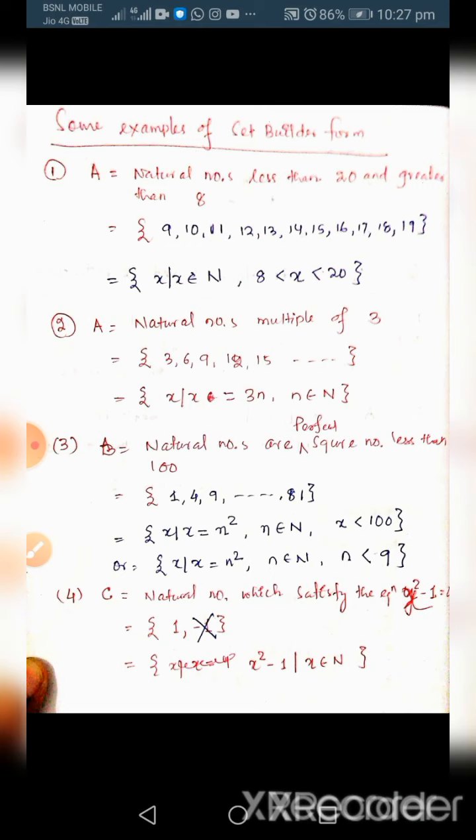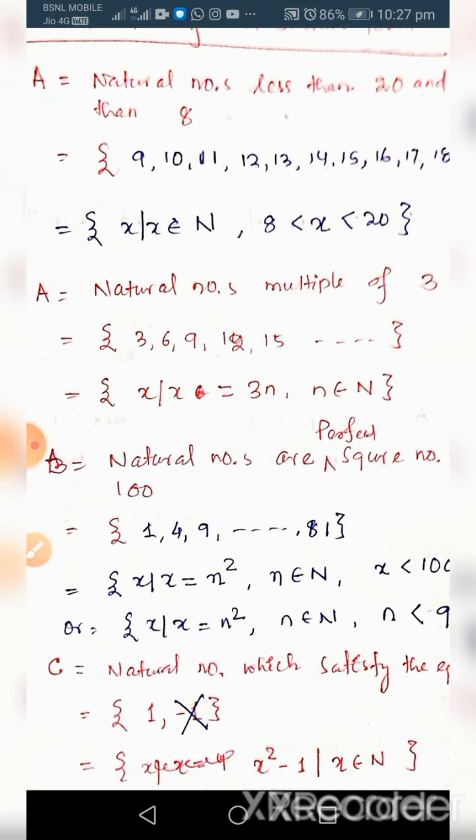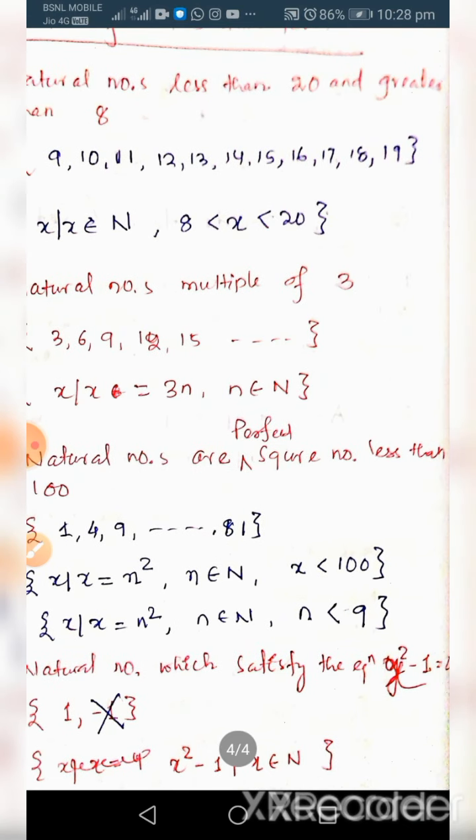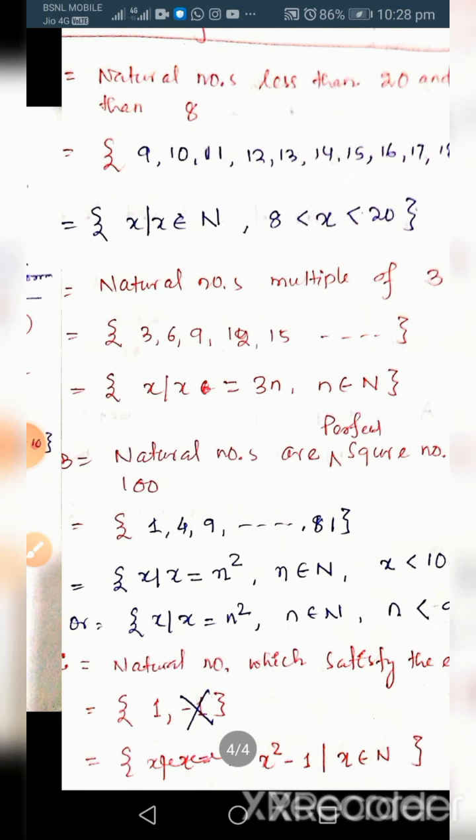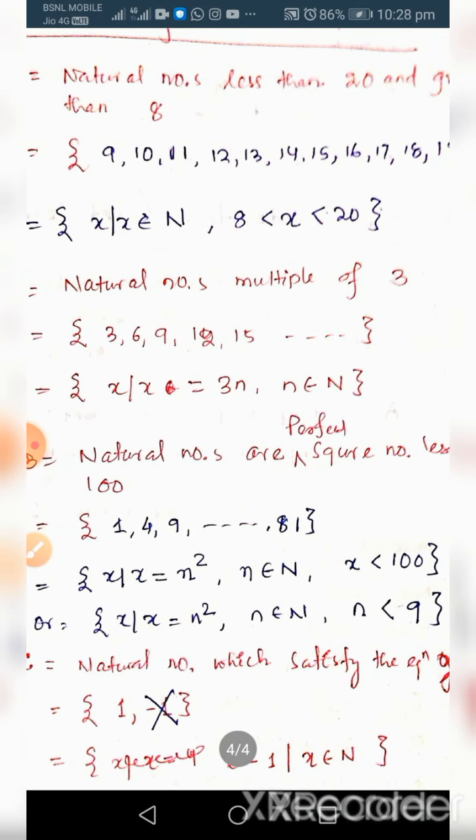How can you write it in set builder form? x such that x is equal to n square, where n belongs to capital N, and x is less than 100. Here n is 1, 2, 3, 4, 5 and so on, and x is the answer of n square. So x must be less than 100, and you have to write that.